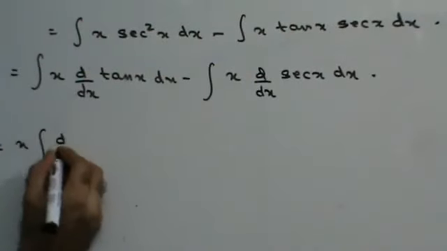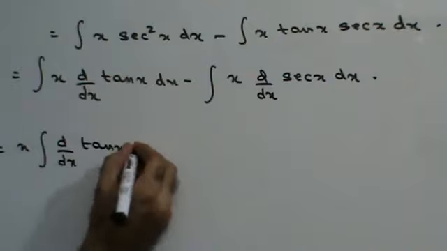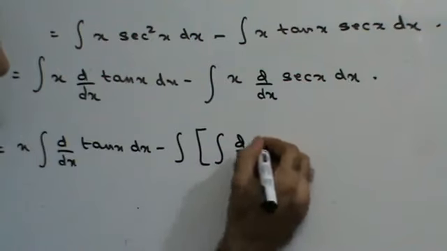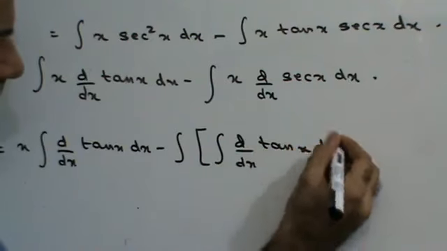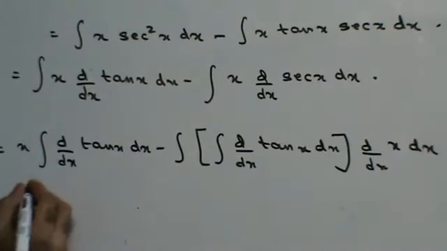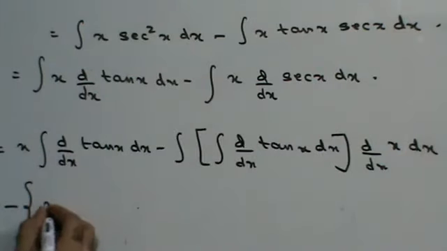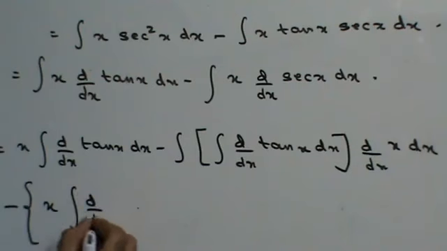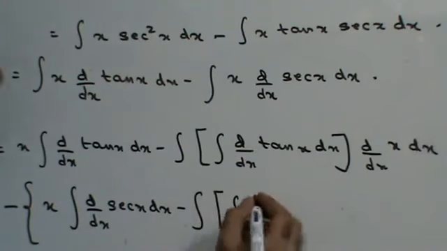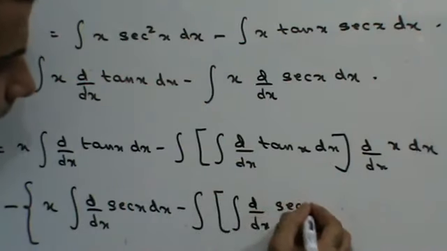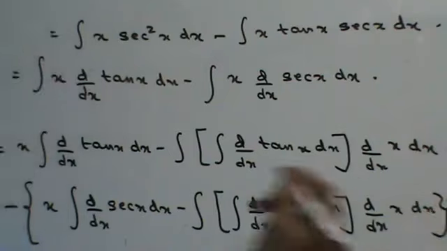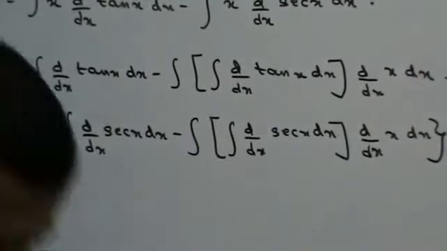So u integral of v minus integral of v derivative of u dx, minus this term, u integral of v minus integral of v derivative of u dx, right? So I'm using parts twice here.